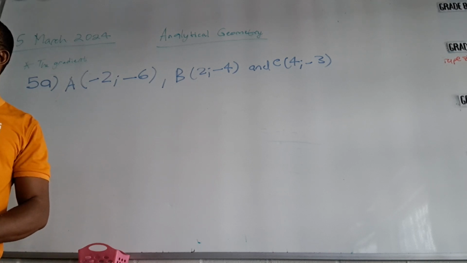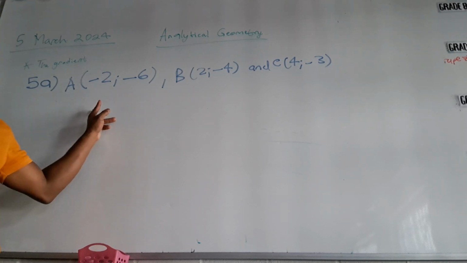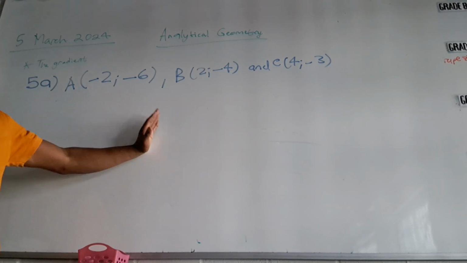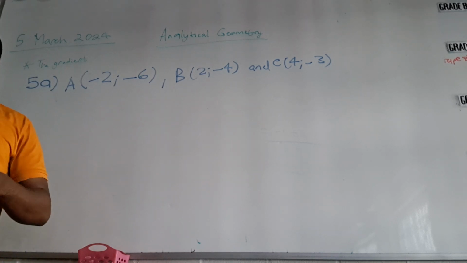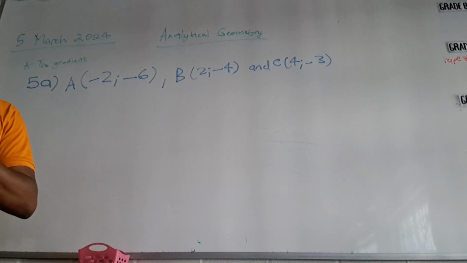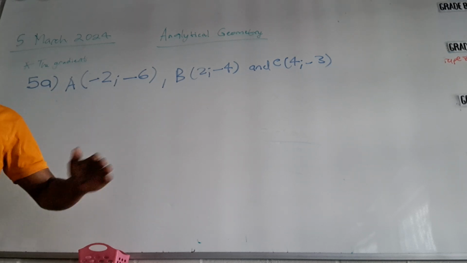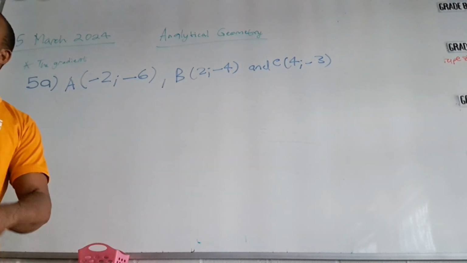Listen to what I'm saying. You can use any 2 points here, any combination: AB, BC, AC. It'll all lead to the same gradient. But you don't need to do all 3. If they are collinear, yes. Like this question says, show that they are collinear, so it means that they are.